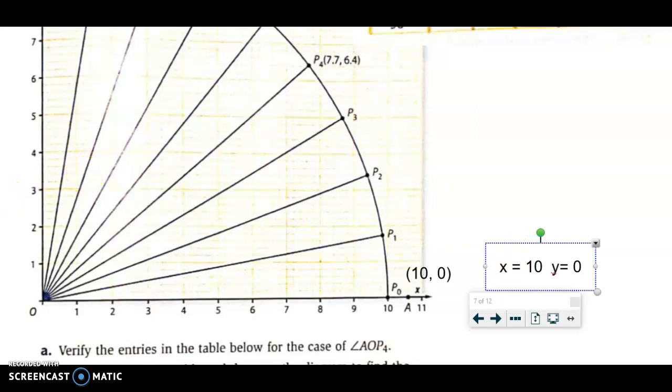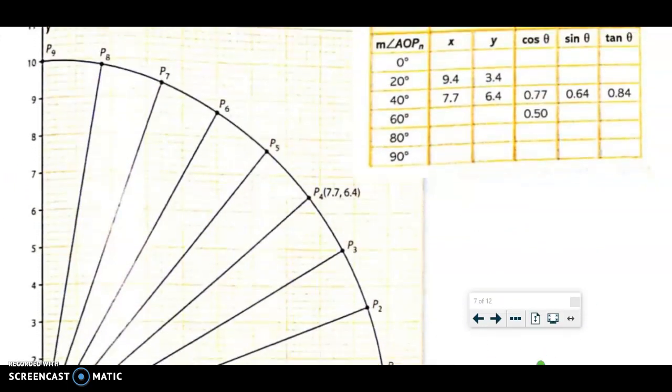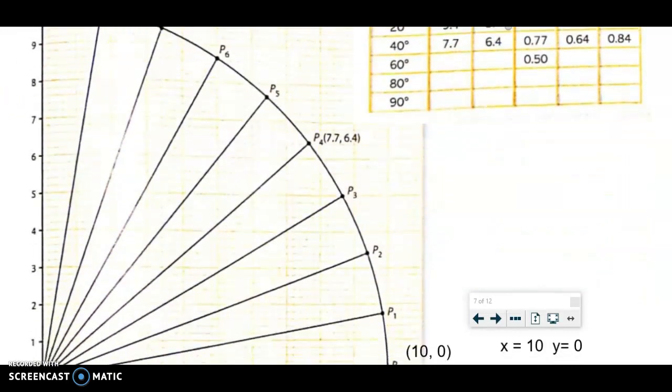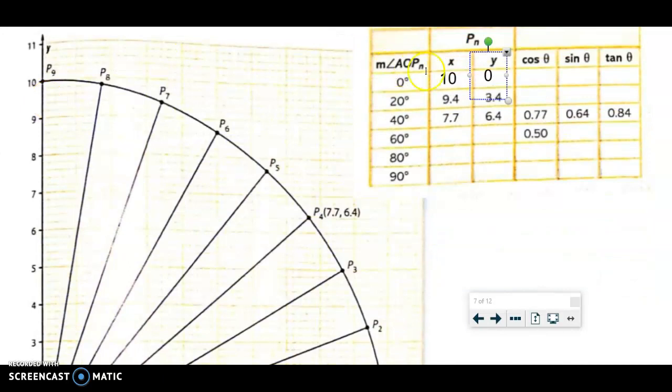So in our table, if we can get all this to show up on the same screen, oh, we can, awesome. Our x would be 10, so we'd fill in a 10 right here, and our y would be 0. Then we're going to try to find the cosine and the sine. The radius was 10, so the cosine would be the x divided by 10.